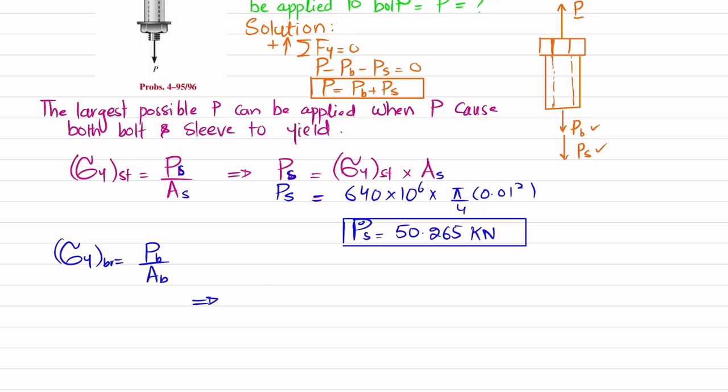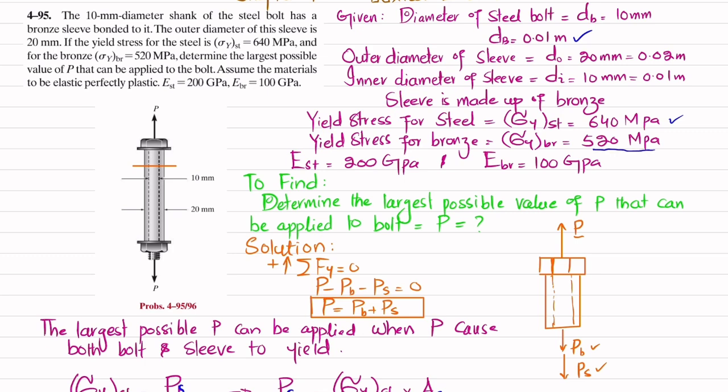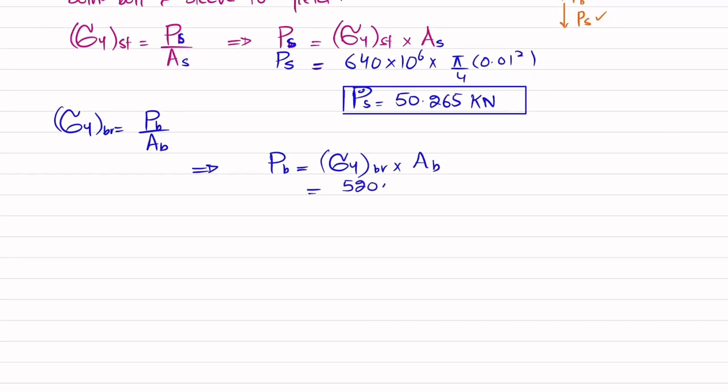From here, load taken by bronze sleeve will be equal to yield strength of bronze multiplied by area of bronze. The bronze yield stress is 520 megapascal, so 520 multiplied by 10 to the power 6, and this sleeve having outer and inner diameter, so it will be equal to pi by 4 times outer diameter 0.02 square minus inner diameter 0.01 square, and the formula is pi by 4 (d outer square minus d inner square).